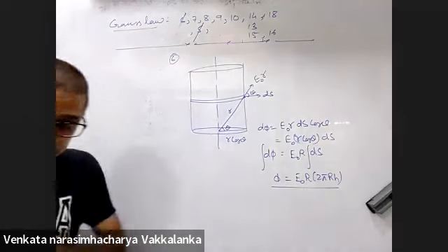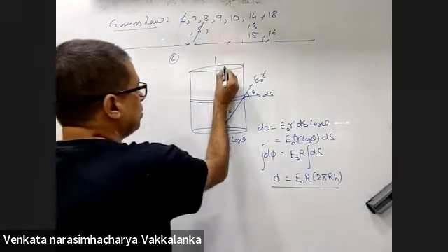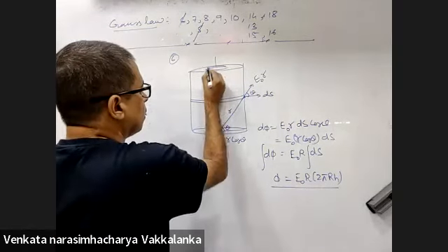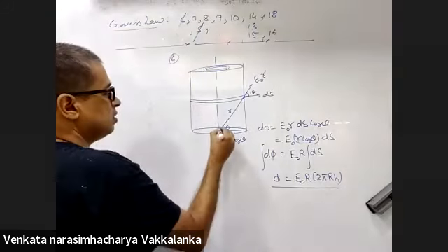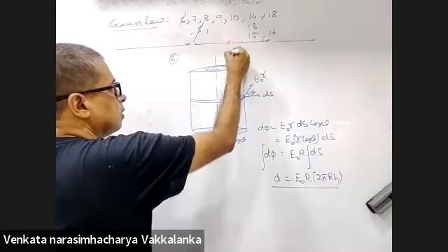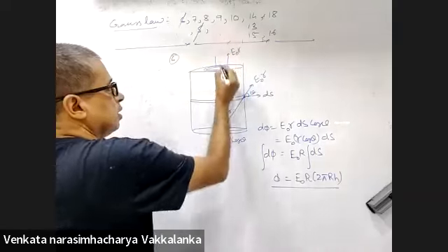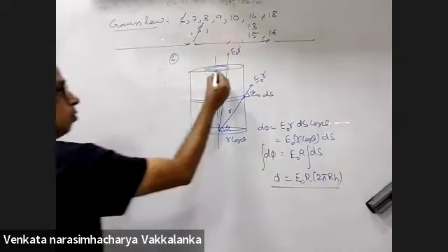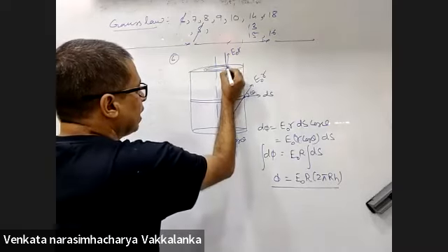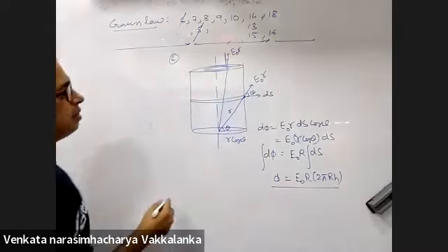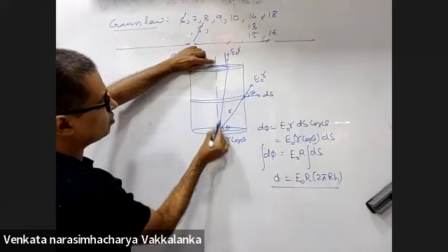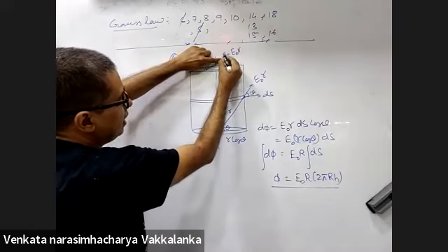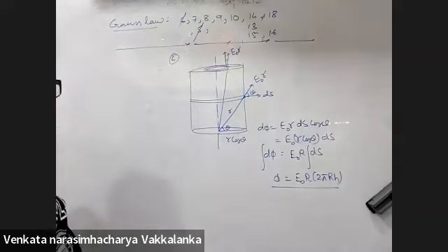Problem is not at all. Now the problem is, consider this. This will be E naught R. Agreed? Now, yes, sir. This angle will be 90 minus theta. See, this angle is theta. This angle will be 90 minus theta. Do you agree with that, the small angle?